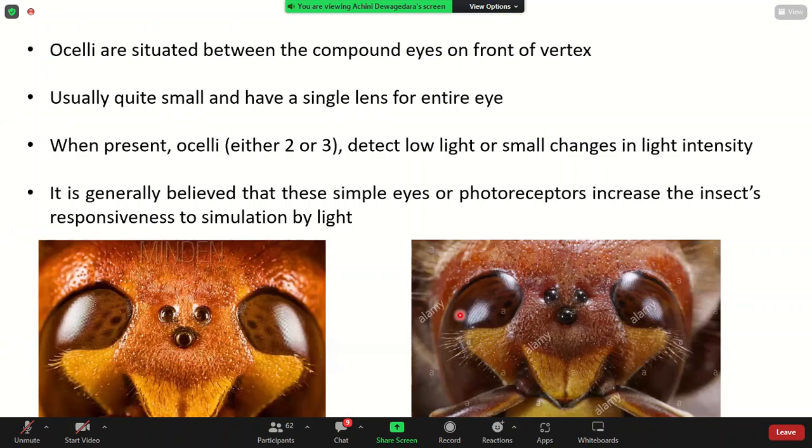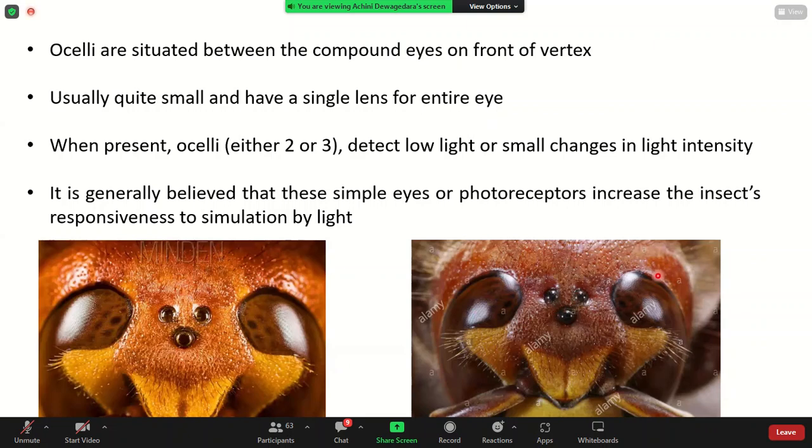Right? They detect the light variation. Right. So the scientists have decided that these ocelli, the simple eyes, detect the light and the compound eyes detect the movement.